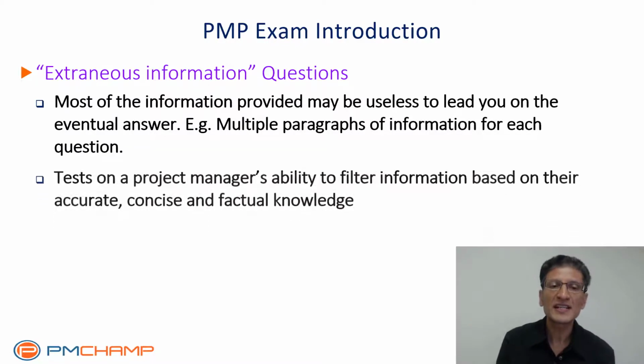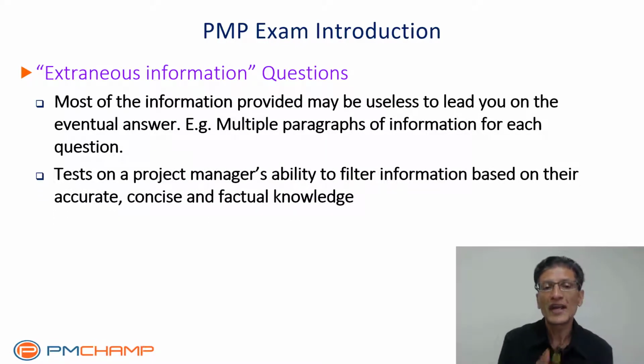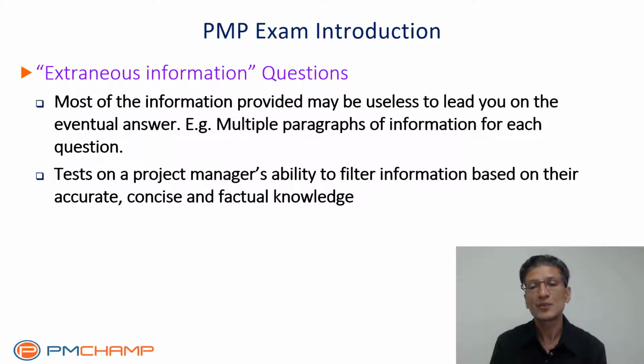Such questions test your ability to filter information quickly and find the relevant fact, the most important point from this entire story. Let's look at a question to get a better idea.